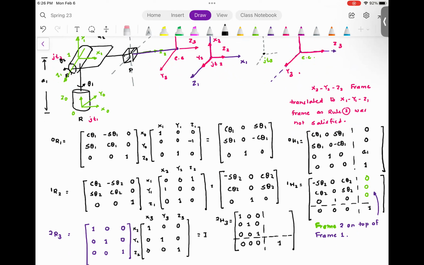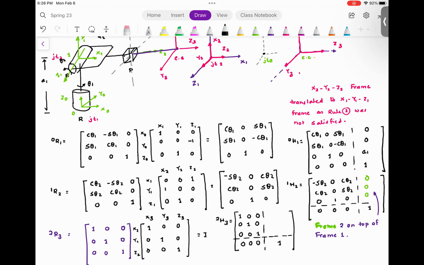What you have is the distance between frame 3 and frame 2 along x2, the distance between frame 3 and frame 2 along y2, and the distance between frame 3 and frame 2 along z2. So these distances will always be in the previous frame.